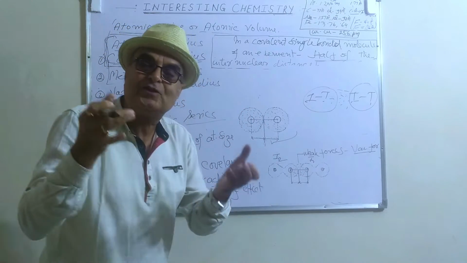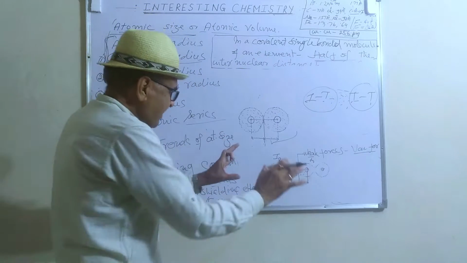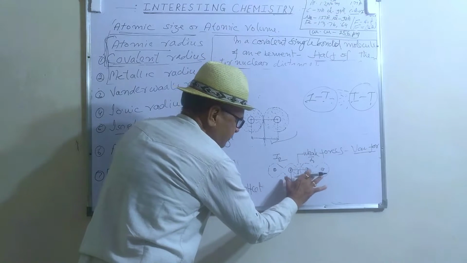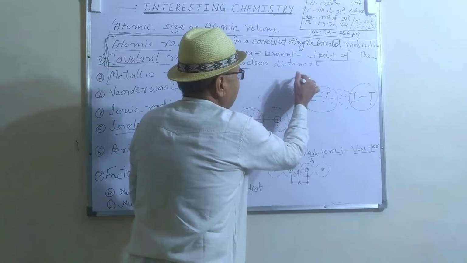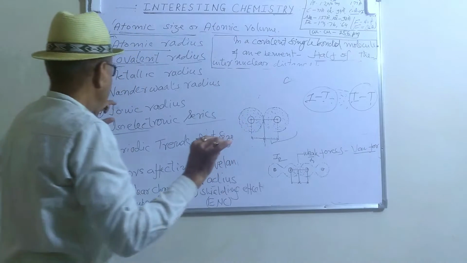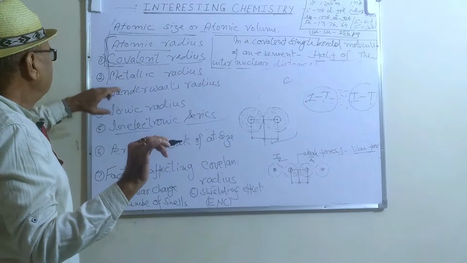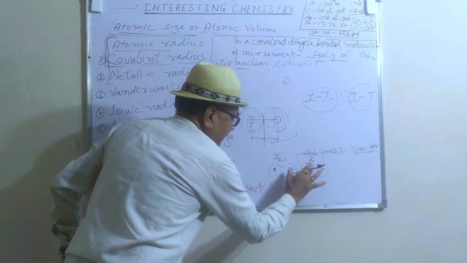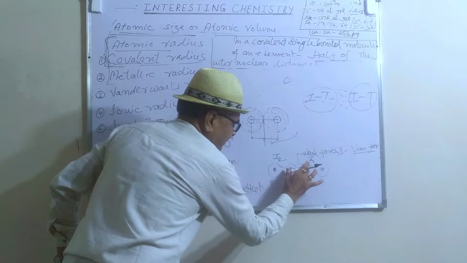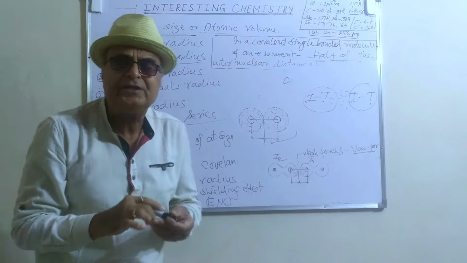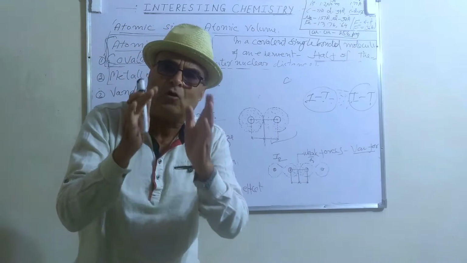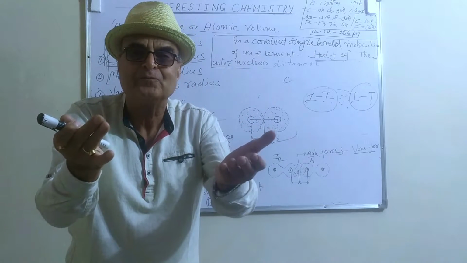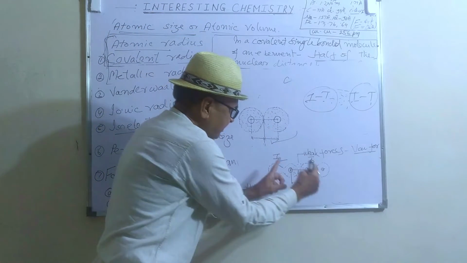Now I am telling you the van der Waals radius. Take the example of two molecules of iodine. They are in a solid state, like in the metallic radius. So here is the internuclear distance of the two nearest atoms of iodine of different molecules, not the same molecule, but different.